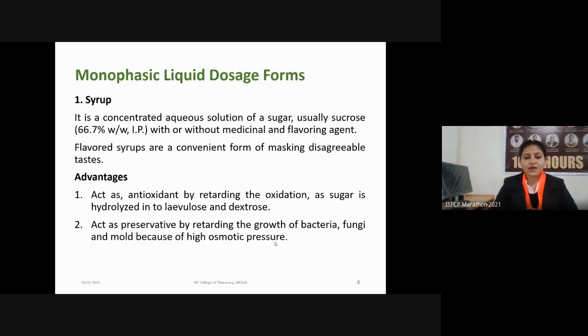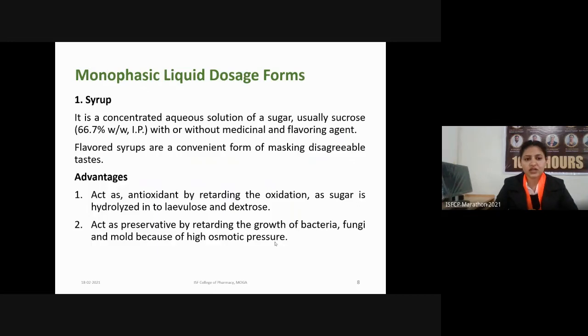The second advantage of the syrup is that they can act as a preservative by retarding the growth of bacteria, fungi, and molds. And this happens because we are taking 66.7% weight by weight. It means the concentration of the sucrose that we are using to make a syrup is very high, so it has a high osmotic pressure.